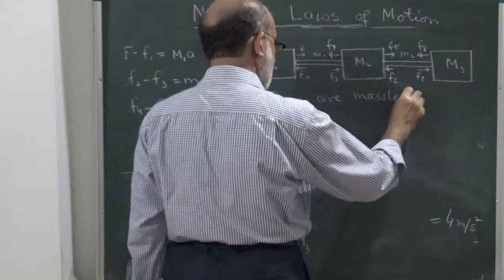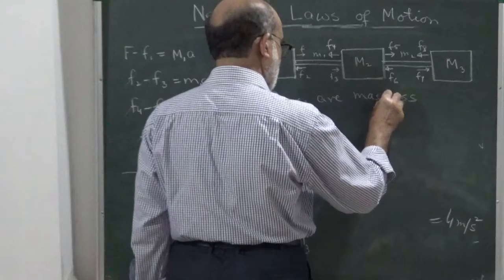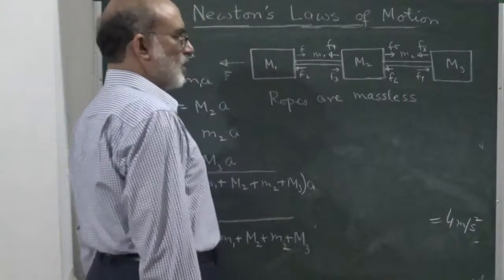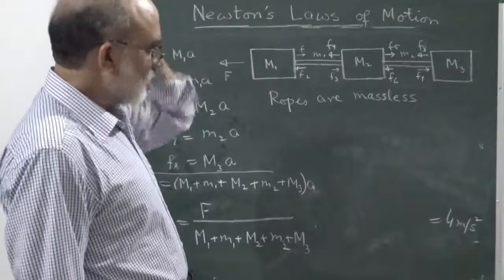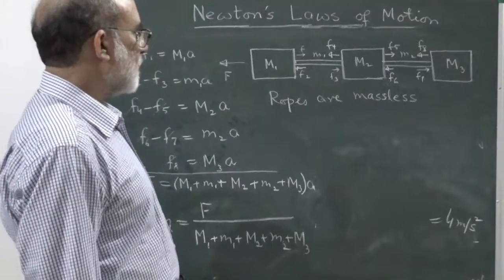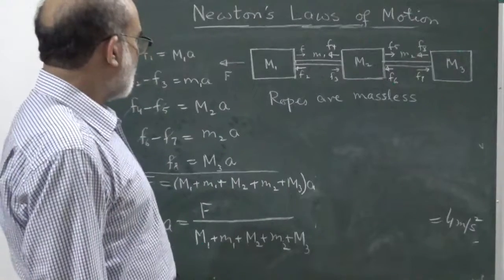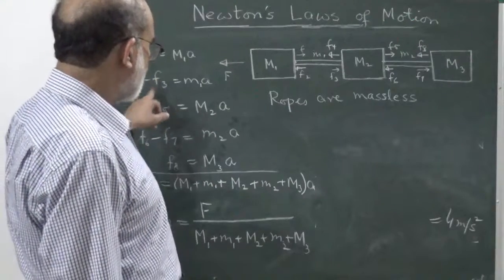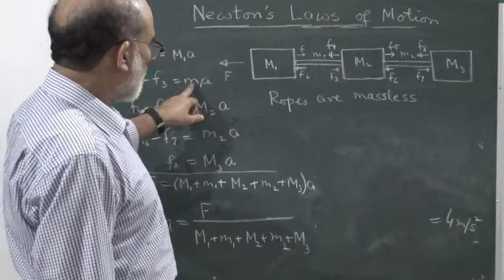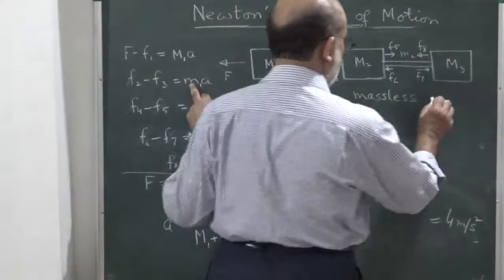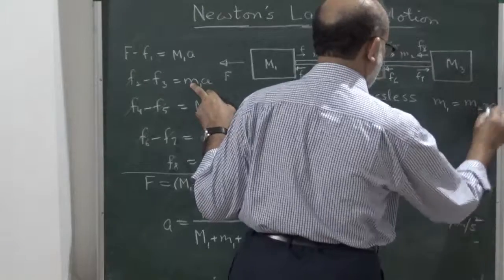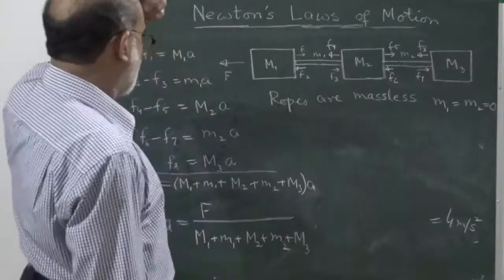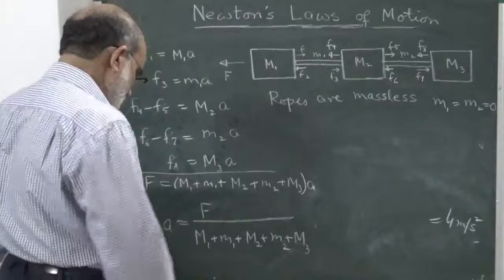Consider it's not true that there must be certain mass, but for convenience, suppose we have taken the mass of the rope as 0. Then what will happen here in this equation? If the ropes are massless, it means M1 is equal to M2 is equal to 0. And now the equation will change a bit.